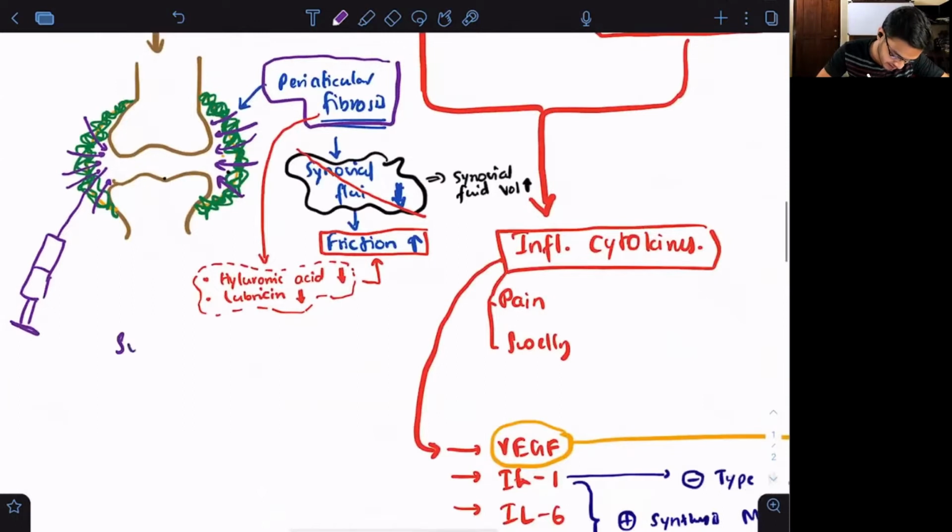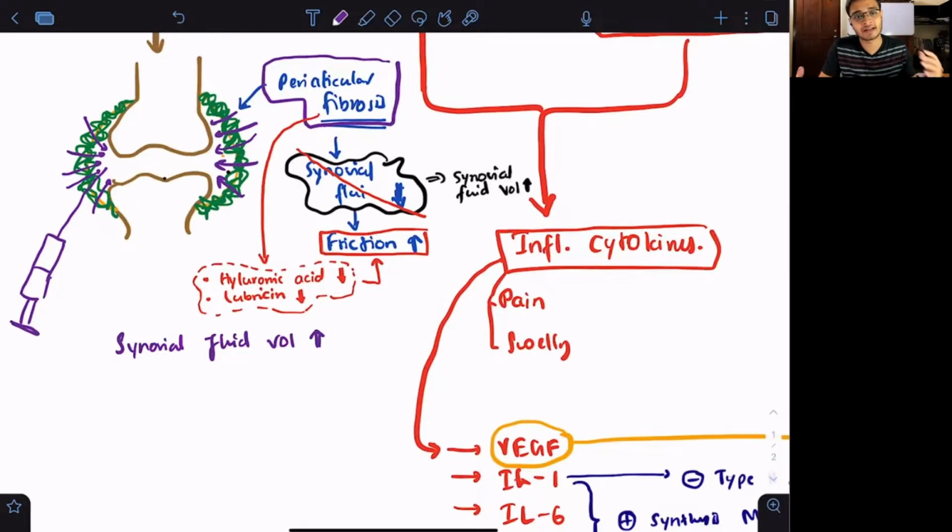We say the synovial fluid volume is high. Why? Although there's reduced hyaluronic acid and lubricin, at the end of the day, there is a lot of inflammatory material and transudative material coming in. Therefore, there is joint effusion, fluid filling inside this joint. So when we aspirate the joint fluid or synovial fluid, we say that the volume is higher.